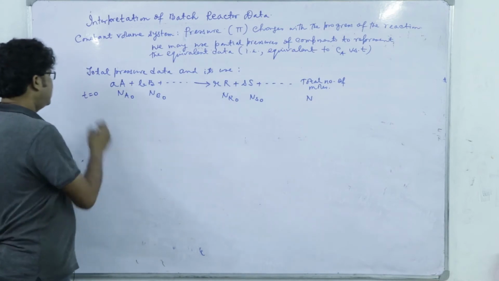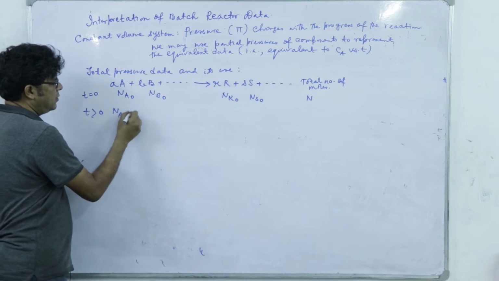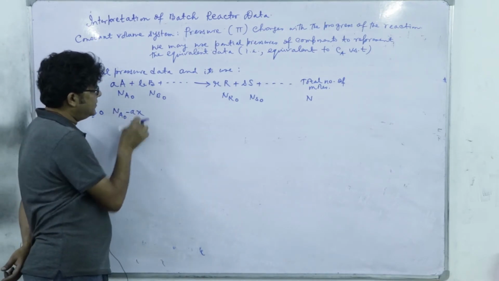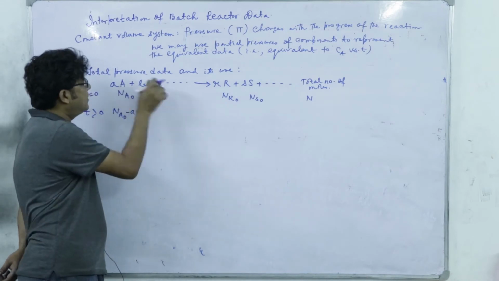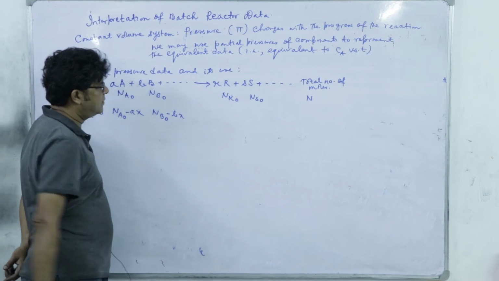Right. Now, for t greater than 0, let us say this is NA0 minus aX. aX is the amount of moles of A that has reacted. So for B it is NB0 minus bX.